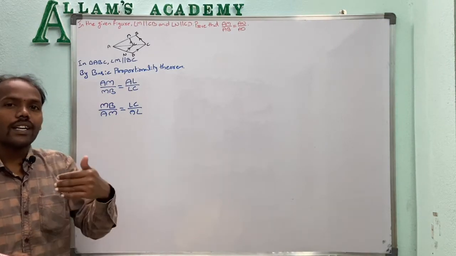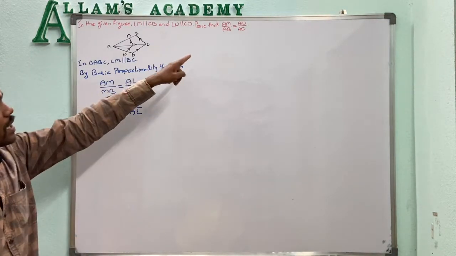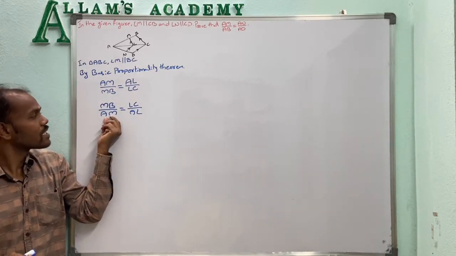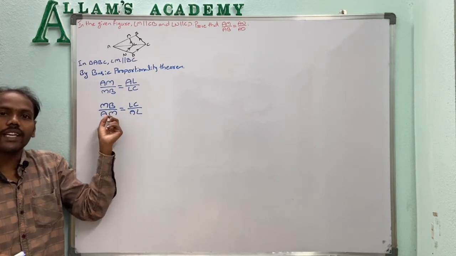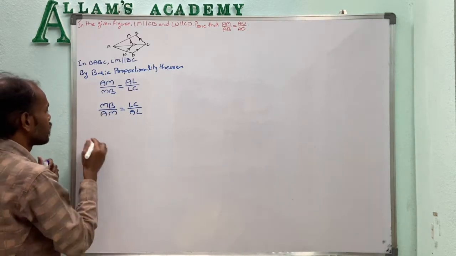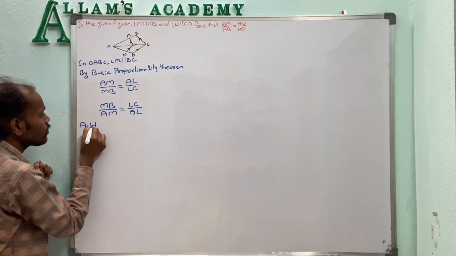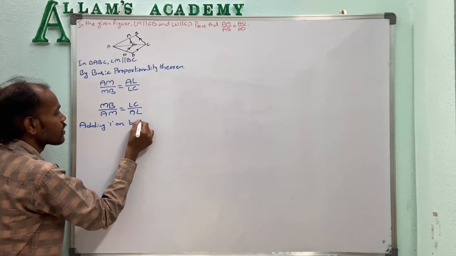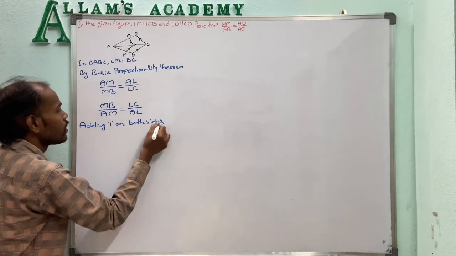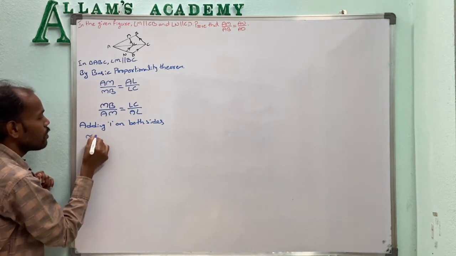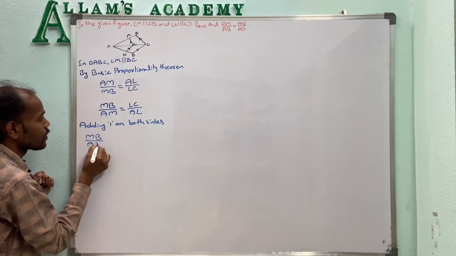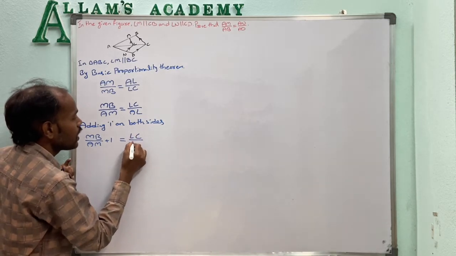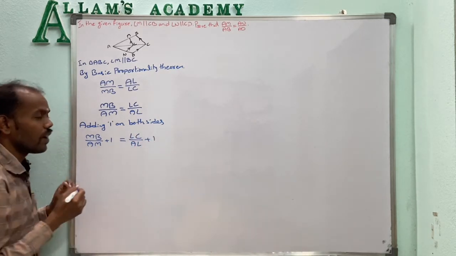Now, for getting AM by AB, we add 1 on both sides. Then MB by AM plus 1 equals LC by AL plus 1.